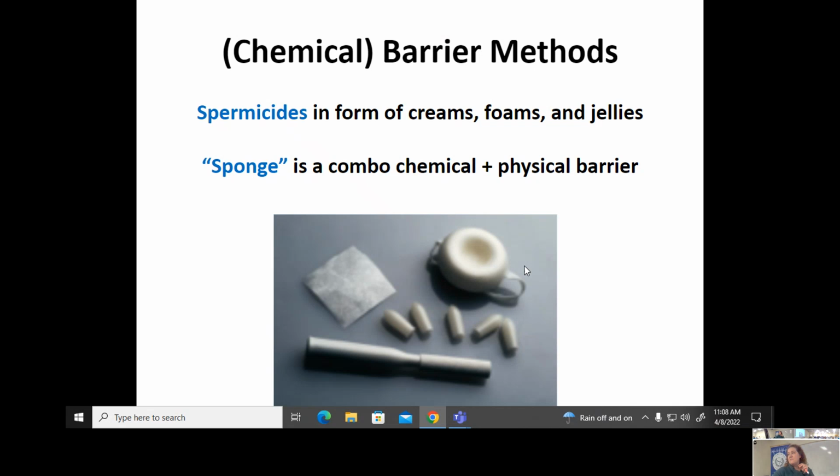So this doesn't have to fit amazingly because it's got chemicals that also kill sperm. That can be a good over-the-counter option, but you can't keep reusing it. It's a one-time thing, so it can get expensive.